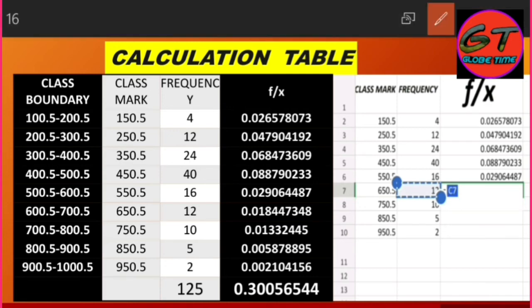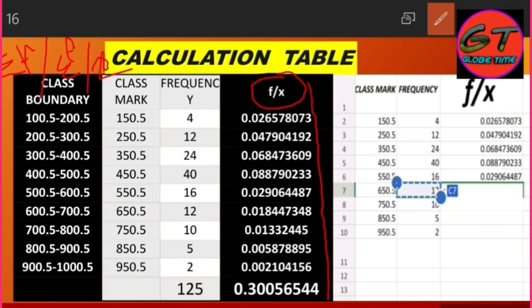Here the most important part is f by x. And the formula of group data series, we know, is summation f by summation f by x. So this column is the most important part of group data series.